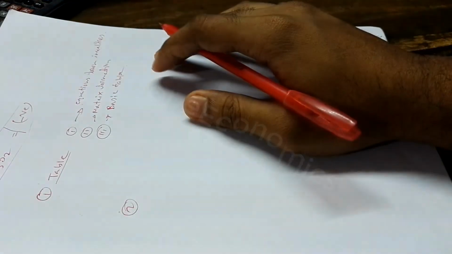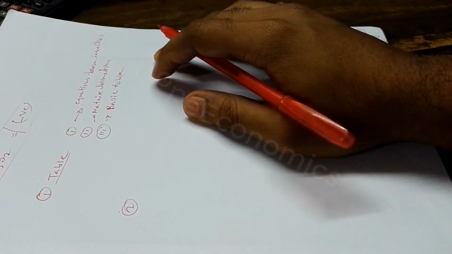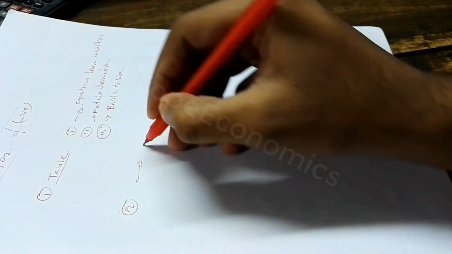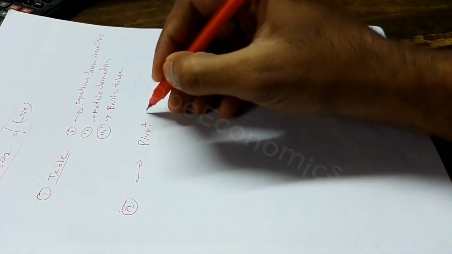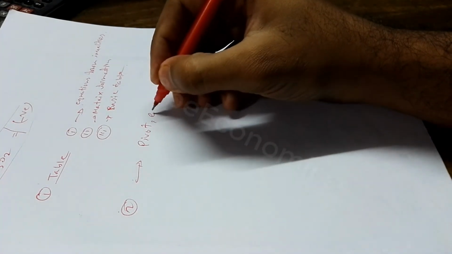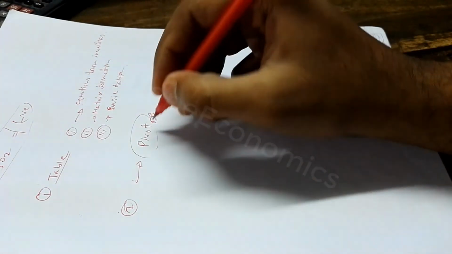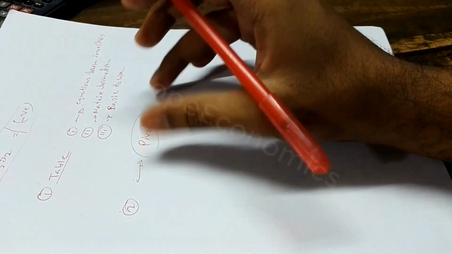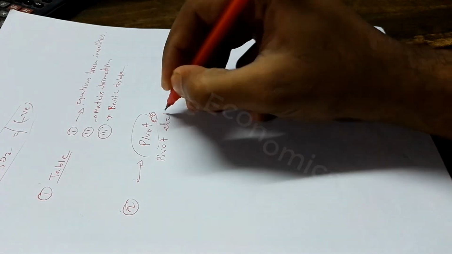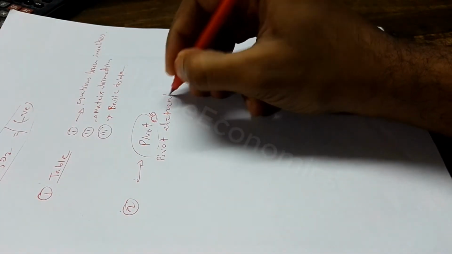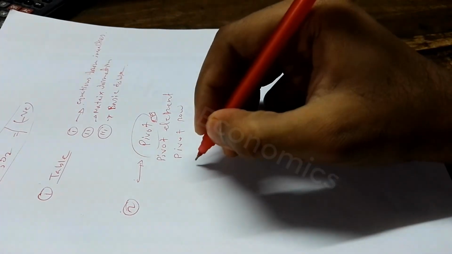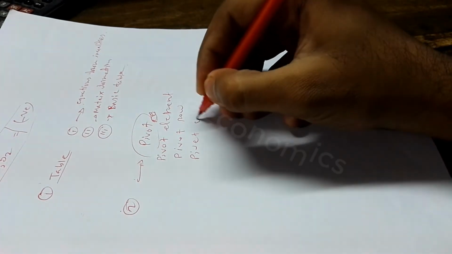Then we go to step 2. In step 2 we'll describe the pivot and pivot element. What is pivot? What is pivot element? And how we're going to find the pivot row and how we're going to find the pivot column.